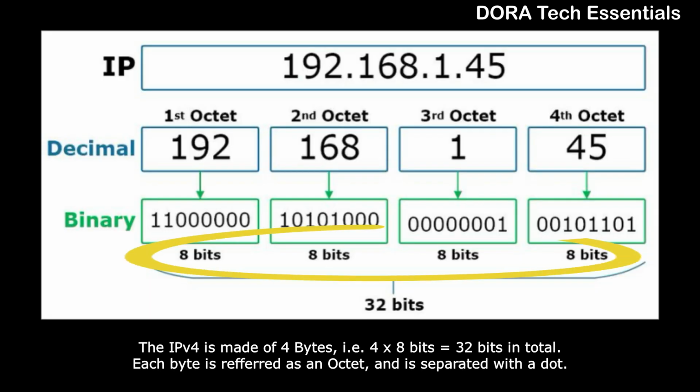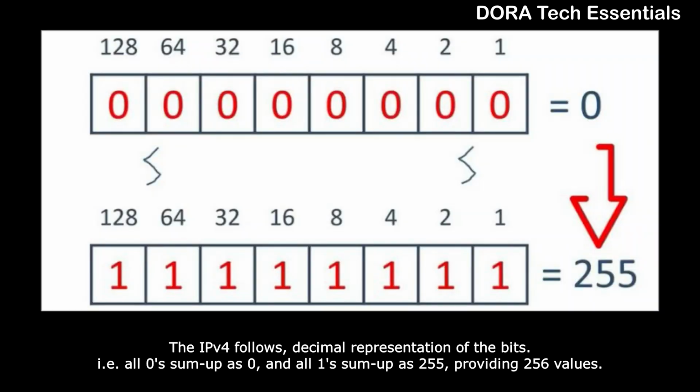The IPv4 is made of 4 bytes, that is 4 into 8 bits, equals 32 bits in total. Each byte is referred to as an octet, and is separated with a dot. The IPv4 follows decimal representation of the bits.